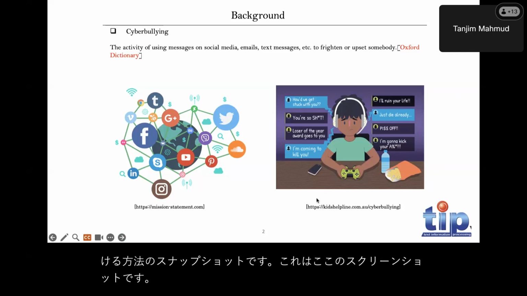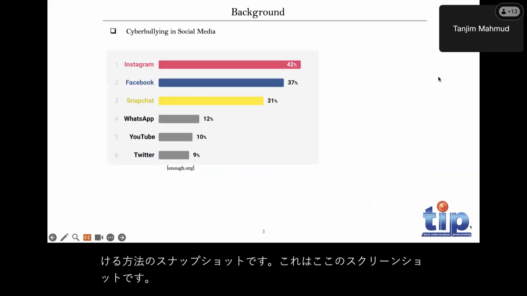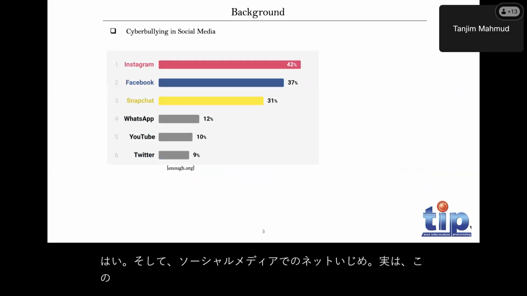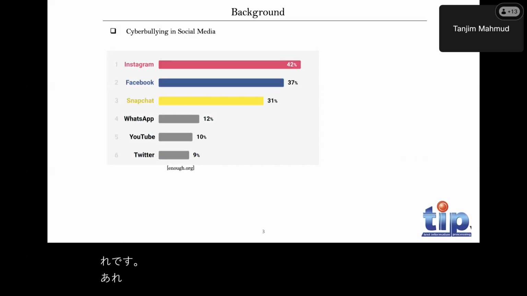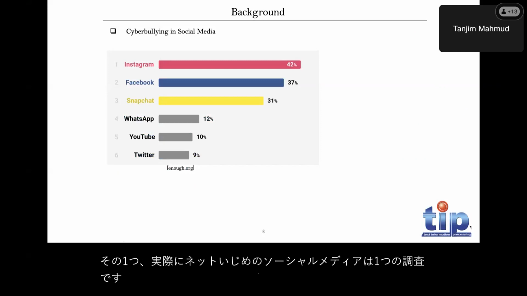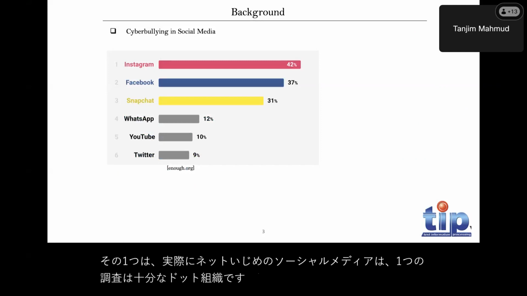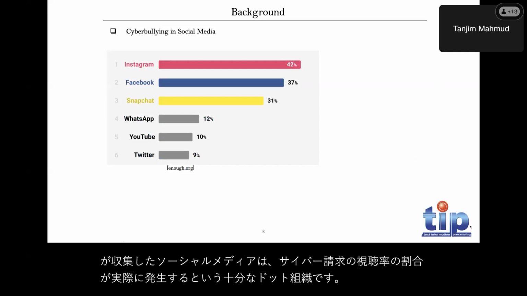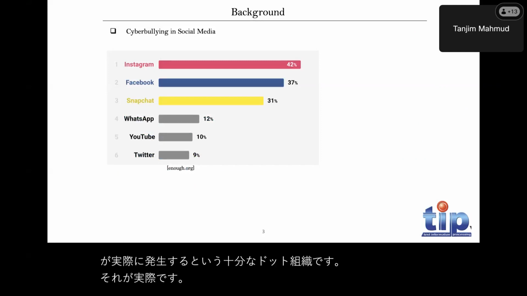Cyberbullying in social media. This is one survey from an organization that I collected, showing the percentage rating of where cyberbullying actually happens, from the last 2 or 3 years.